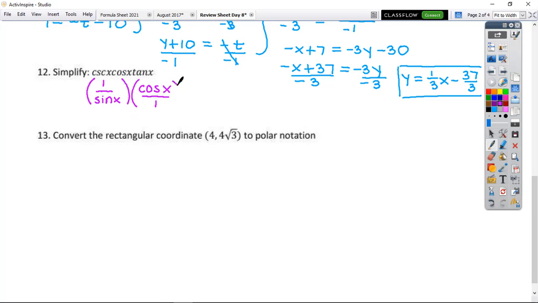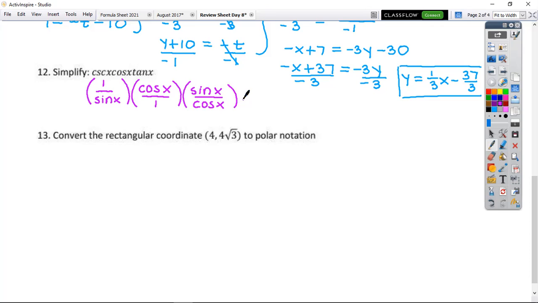Now look at what you have to choose what's best for tangent. So if I look, I already have sine and cos. So can we write tangent using sine and cos? Yes, tangent is sine over cos. Did it make things better? Definitely.